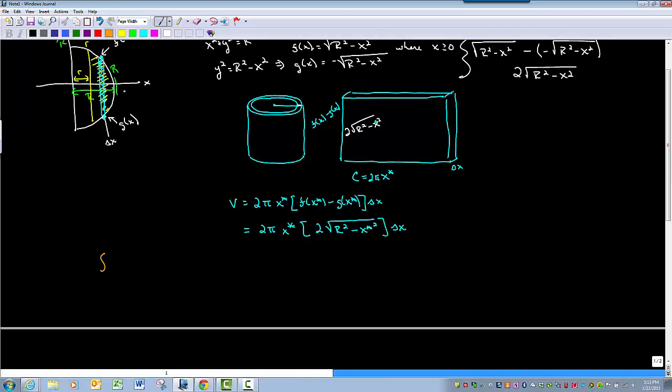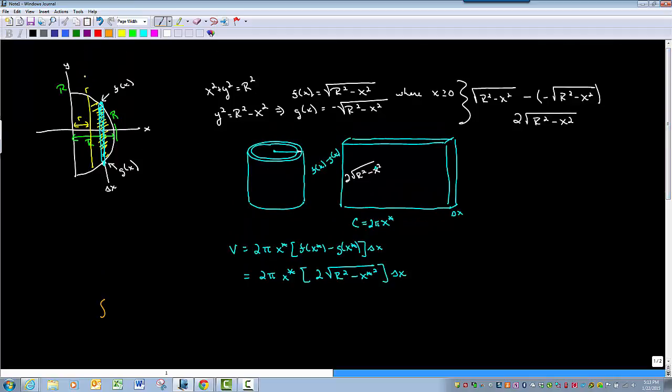Now from where to where? Well, the cylinders start here and they end here. So our x values travel between little r and big R, like that.